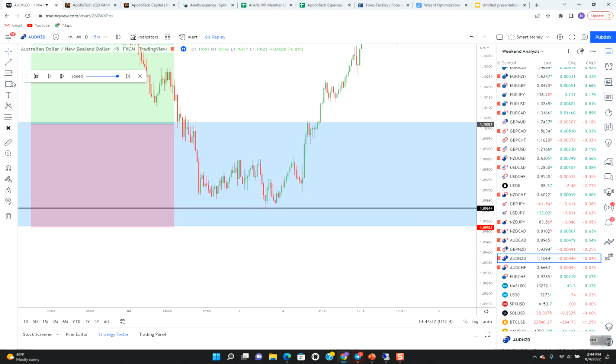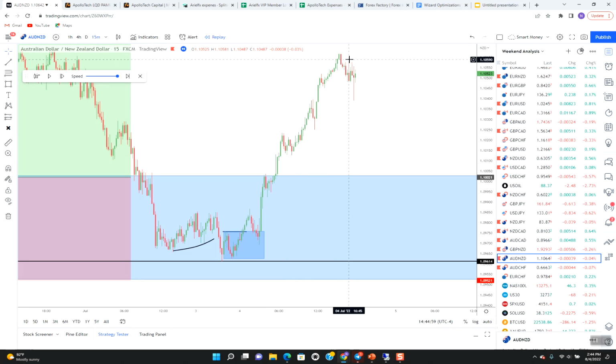We actually formed more liquidity in the process, sweeping it, pushing up, failing to make that lower low, and we make a higher high, breaking that counter trend structure, creating yet another order block to play off of right there. So when we pulled back, we could have entered, sell to buy, and then we just continued and continued and continued.